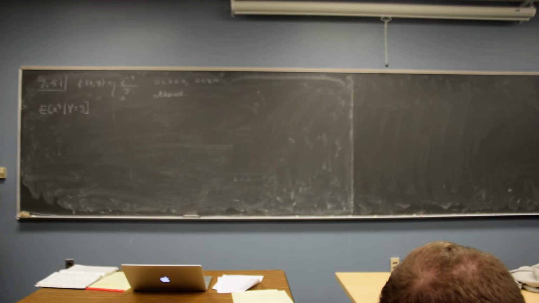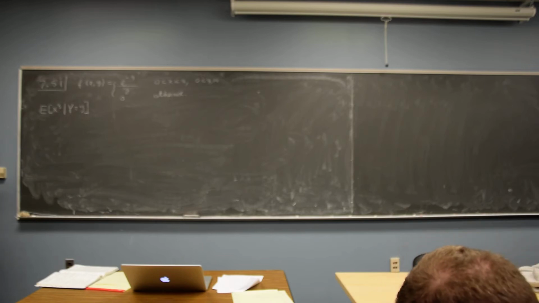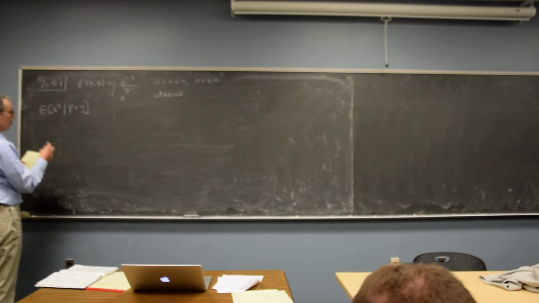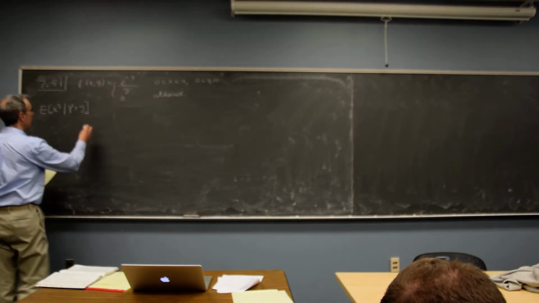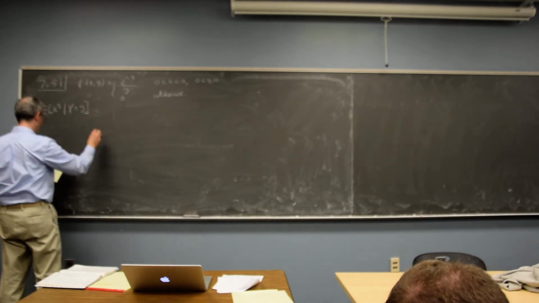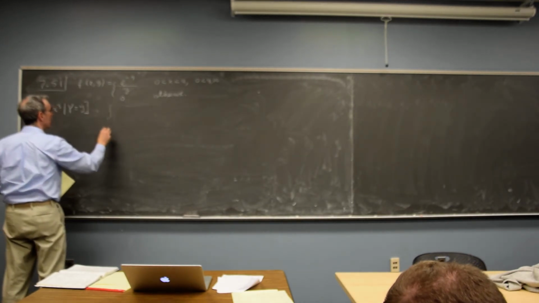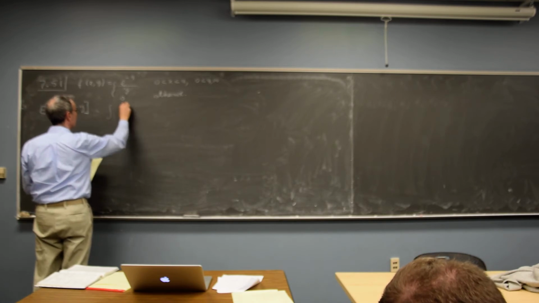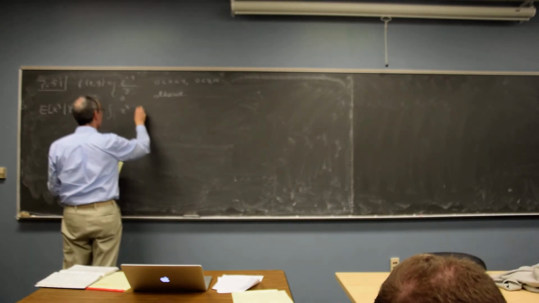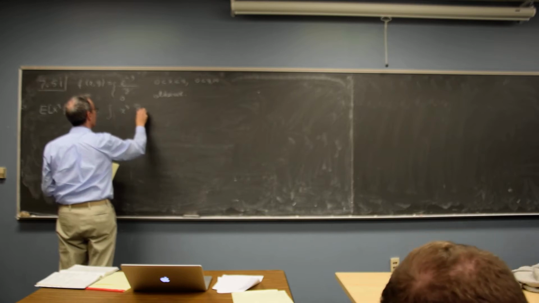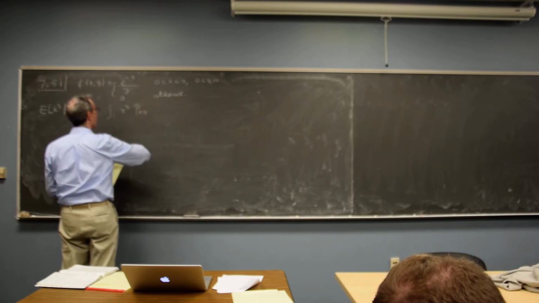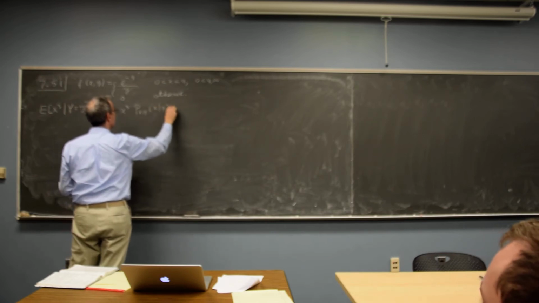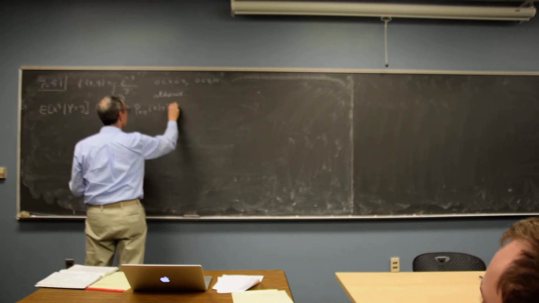So what do we do? The computation is that we have to use a conditional probability. So this quantity here is the integral of x cubed times the probability of x given y, dx.